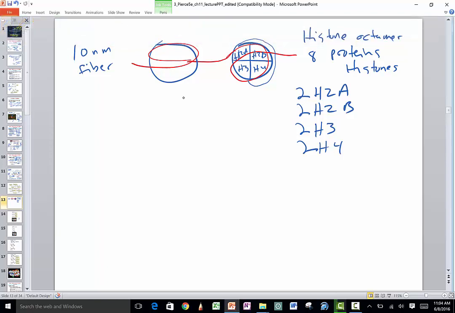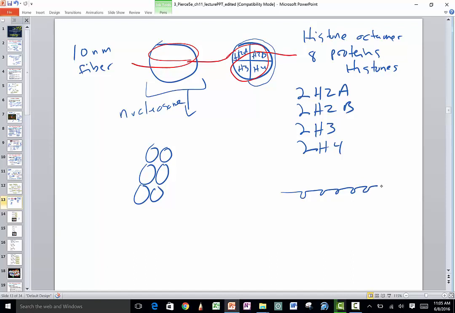Then your 30 nanometer fiber is where you take these nucleosomes and they get further condensed. Think of this 10 nanometer fiber as a big long hose, like a garden hose, and then you coil it up like that.